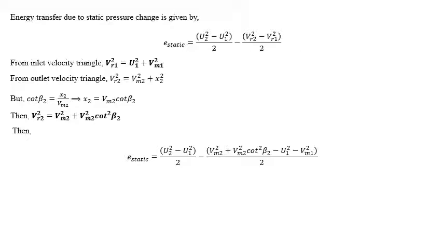So Vr2 square is equal to Vm2 square into (1 plus cot square beta 2), and Vr1 square is U1 square plus Vm1 square. After taking the common factor outside, the energy transfer due to static pressure change is equal to half into [Vm1 square plus U2 square minus Vm2 square into (1 plus cot square beta 2)].